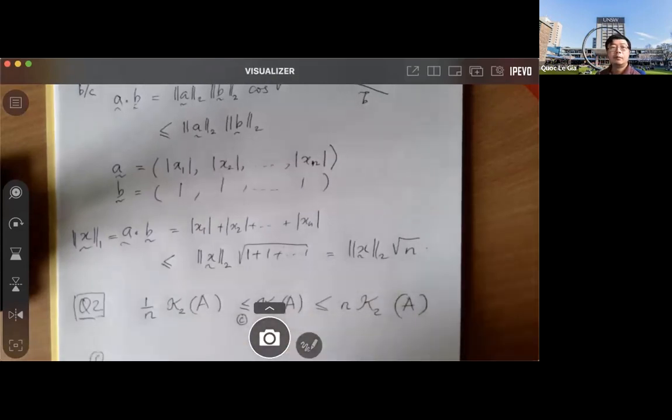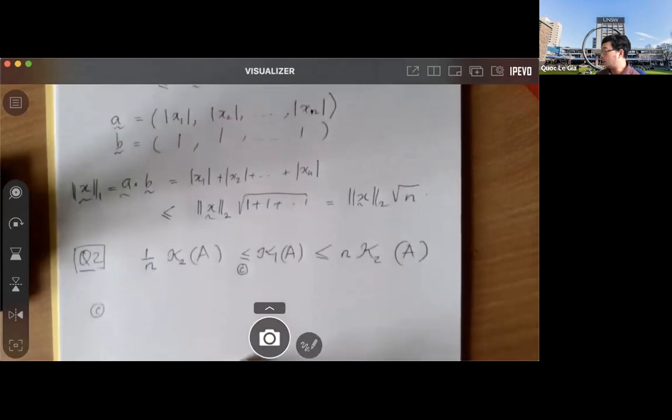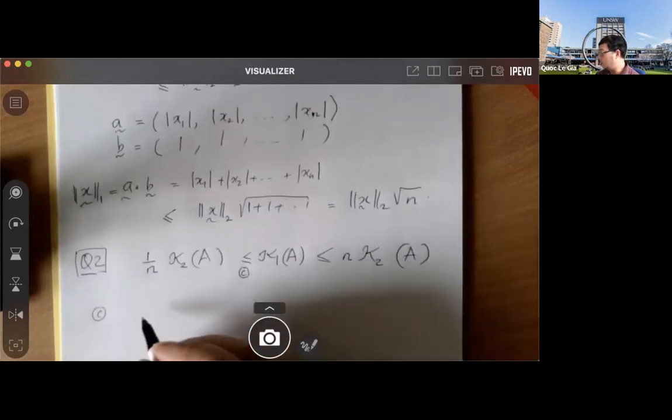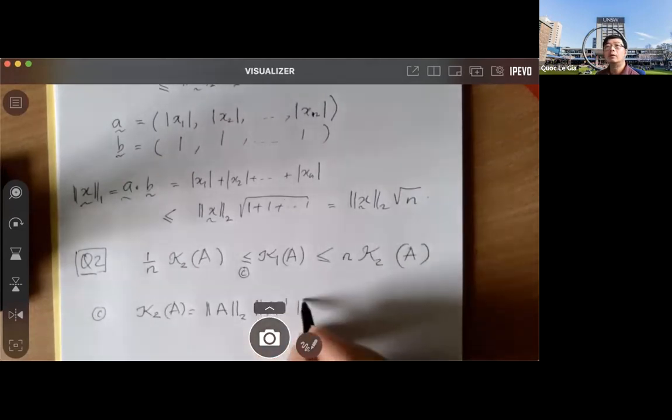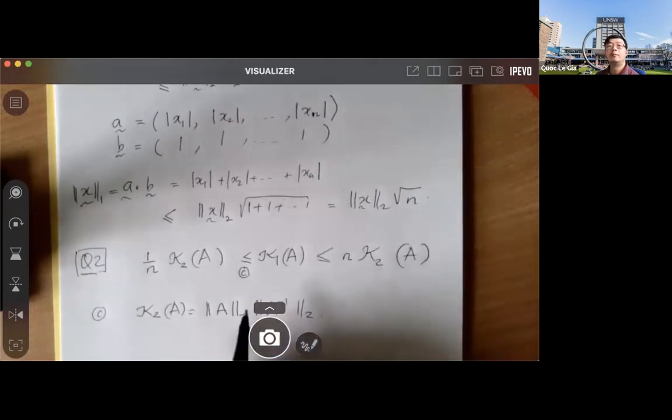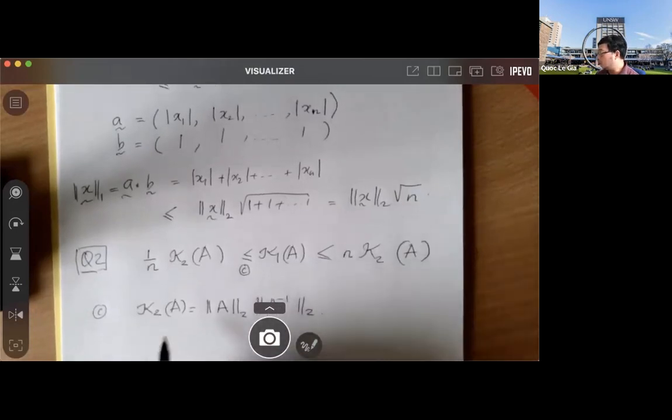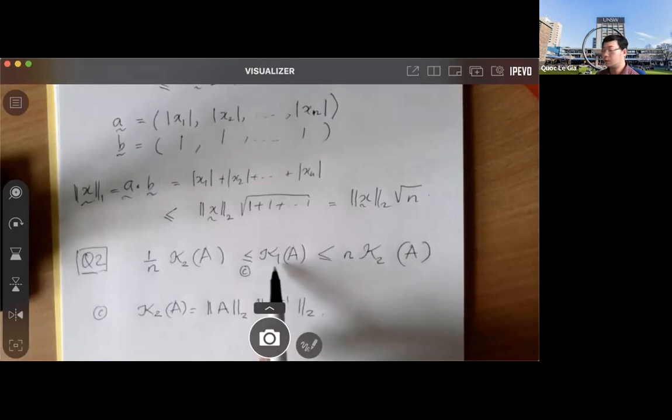So first, what is the condition number in the two norm? Well, the condition number in the two norm is just the norm of the matrix in the two norm times the norm of A inverse in the two norm, right? And the condition number in the one norm, you just replace this by the one norm.